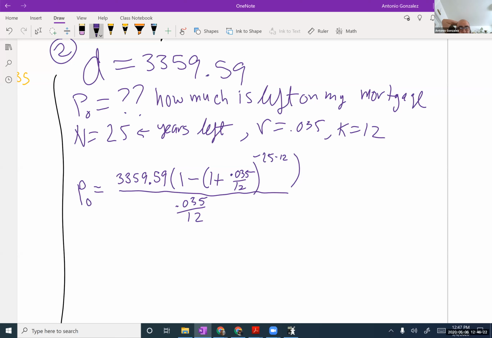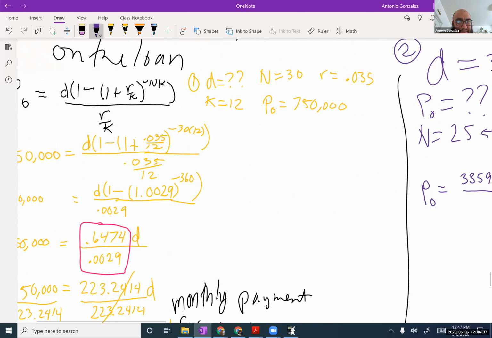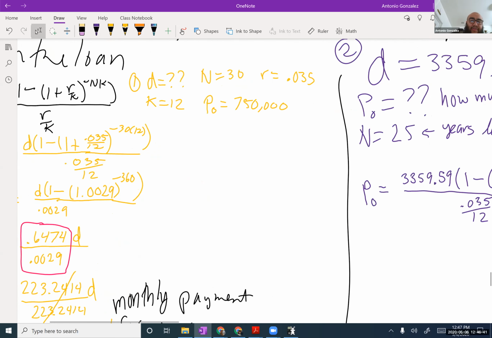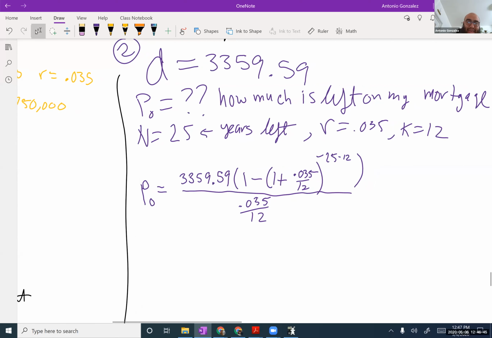Okay, so we plugged it into our formula, and now again, step by step, we'll start simplifying this. Here I already did the 0.035 divided by 12, so I don't have to bring my calculator up for that one.